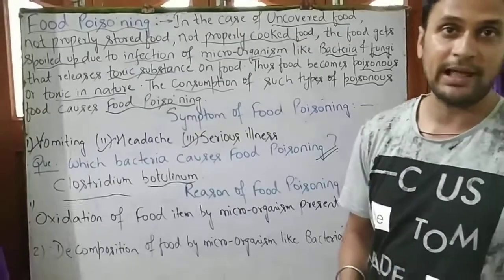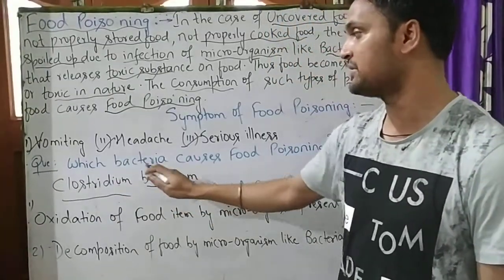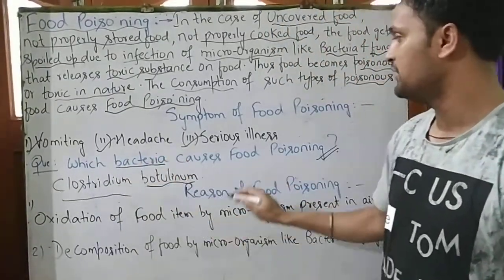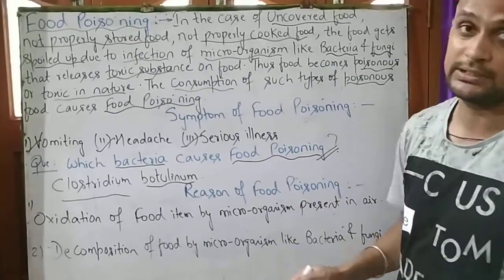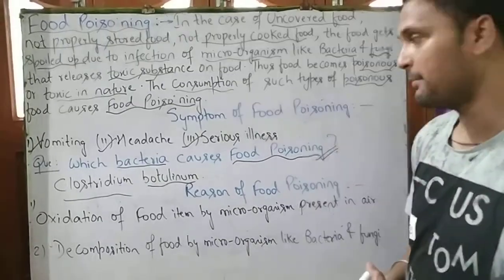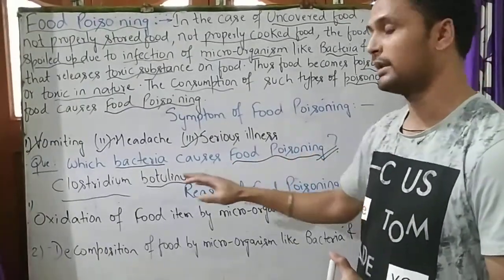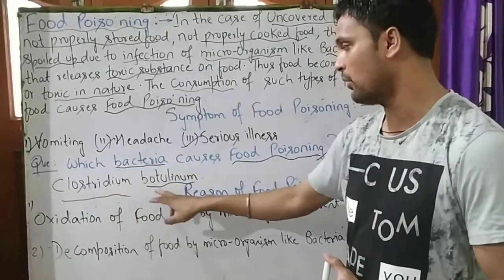Clostridium botulinum is the bacteria which causes food poisoning. This is an important question from your examination point of view. If it asks which bacteria causes food poisoning, you can answer Clostridium botulinum.